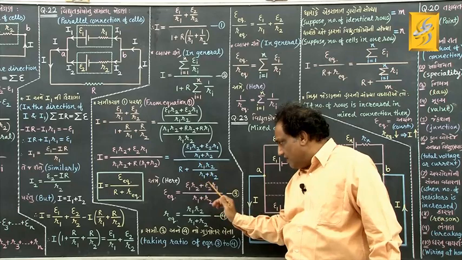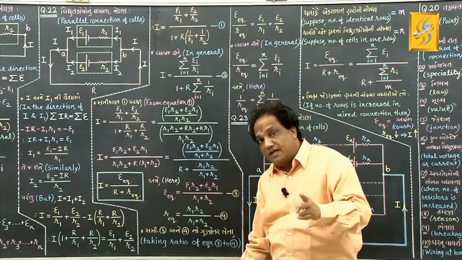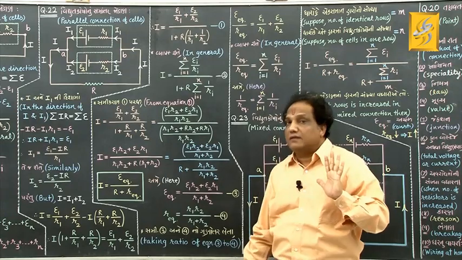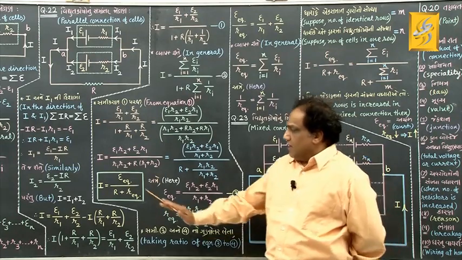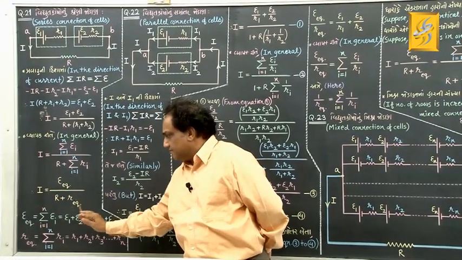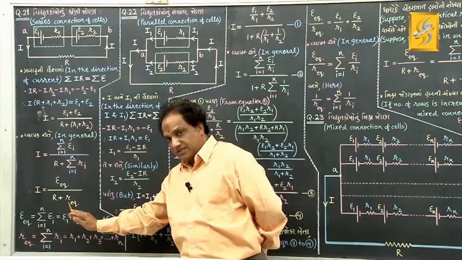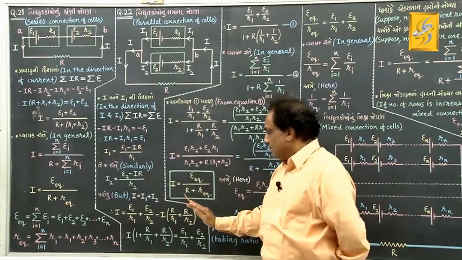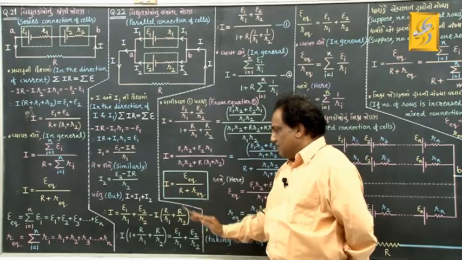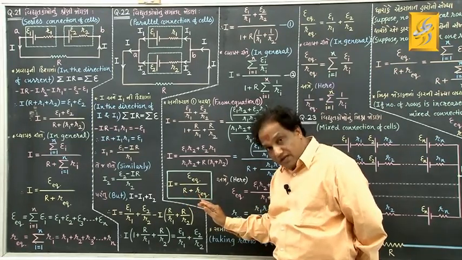So this will give me equivalent internal resistance of two cells connected in parallel, correct, fine. Now if I write current I in this format, in the denominator I am writing R plus R eq. This is equivalent external resistance, this is equivalent internal resistance.